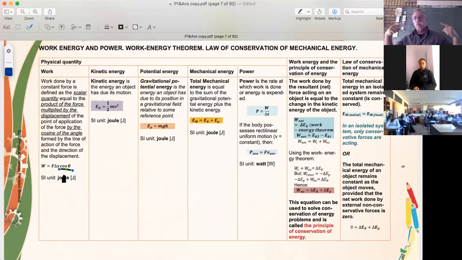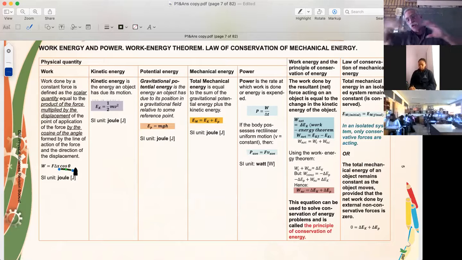So suppose I'm moving to the right and there's a frictional force to the left, then the angle between me moving to the right and the frictional force is 180 degrees. So now you're going to write force times distance times cos theta, where theta is the angle between the direction you're moving and the force direction. And frictional force is always at 180 degrees, therefore it's -1. Cos 180 is -1.